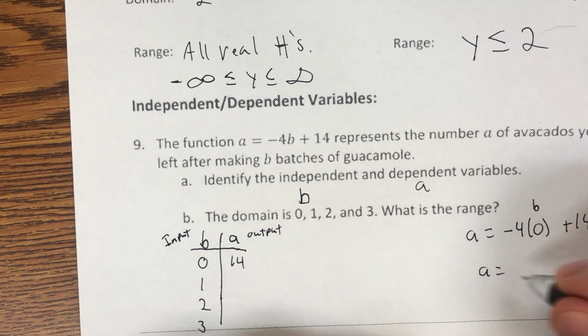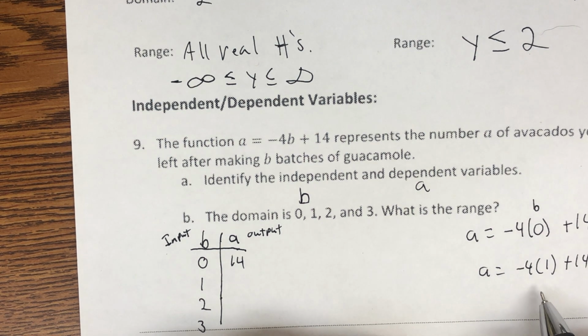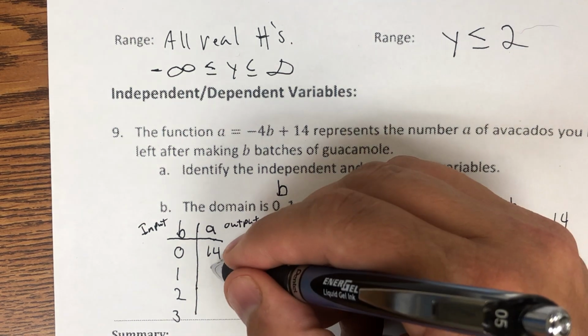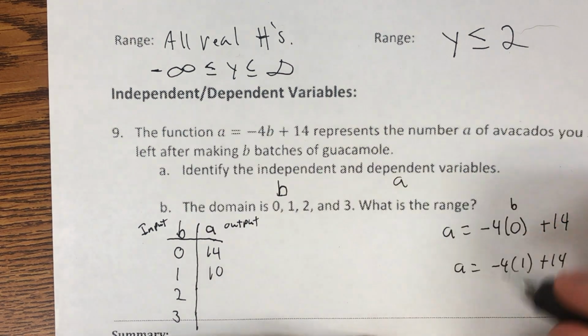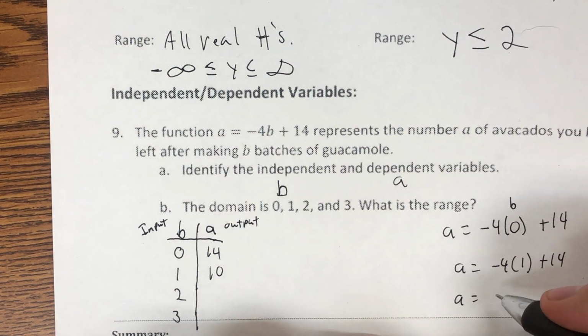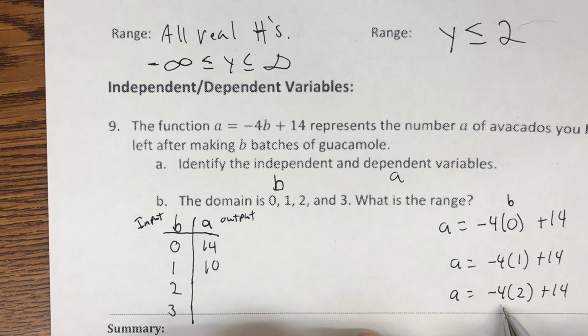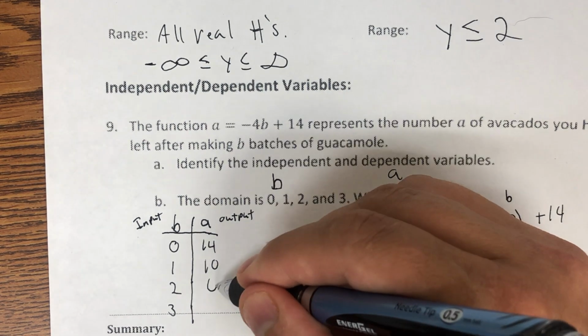If I make 1 batch, negative 4 times 1 is negative 4 plus 14. I have 10 avocados left. If I make 2 batches, negative 4 times 2 is negative 8 plus 14. That is going to be 6.